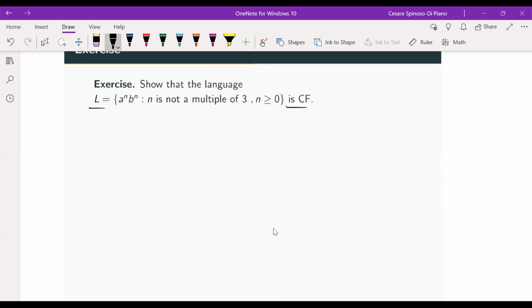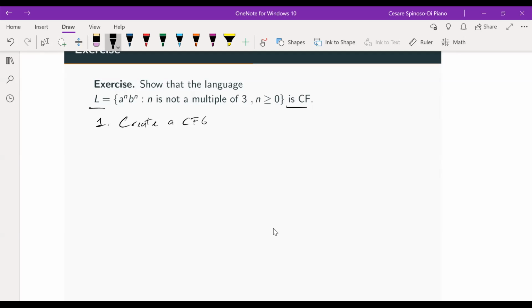One way to do this is to create a context-free grammar, but you have to consider the not-a-multiple condition. To be honest, I didn't really think about it. Maybe it's simple, but there's a much faster way of doing this if you just want to prove that it's context-free.